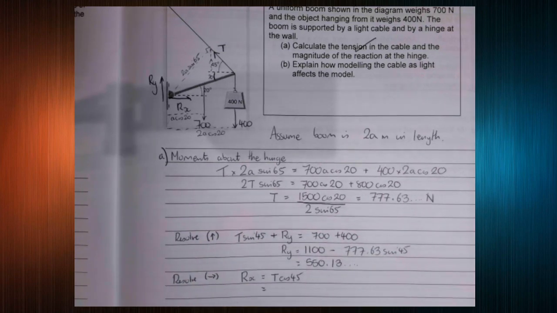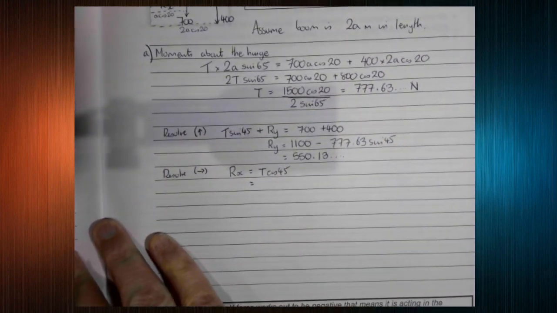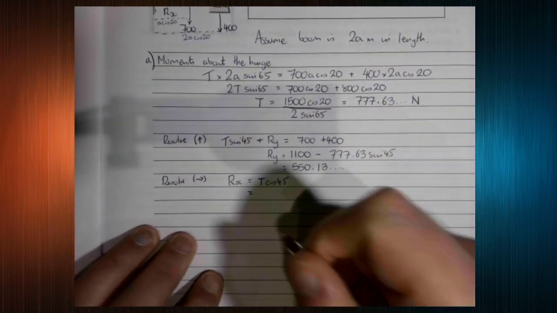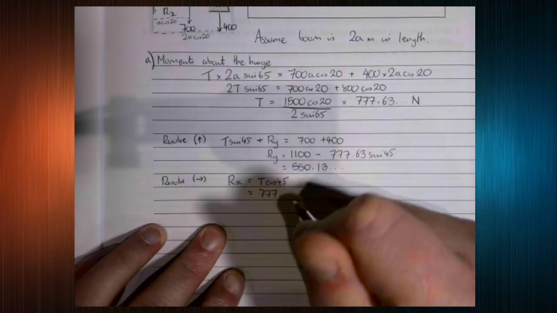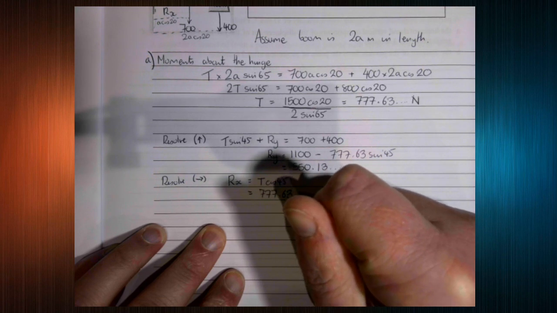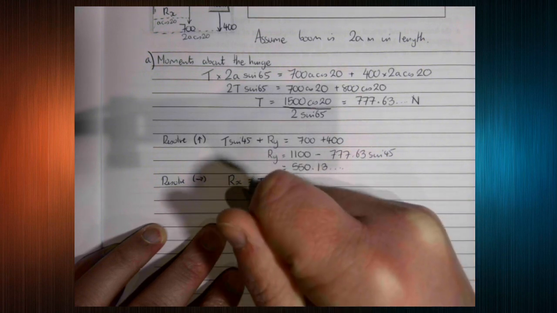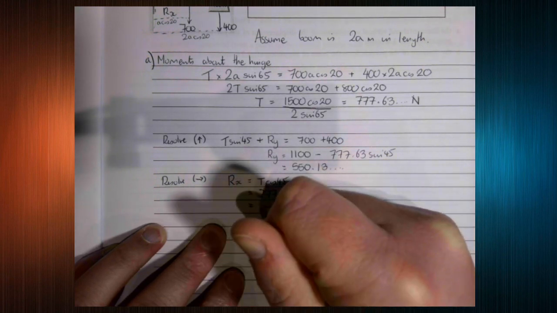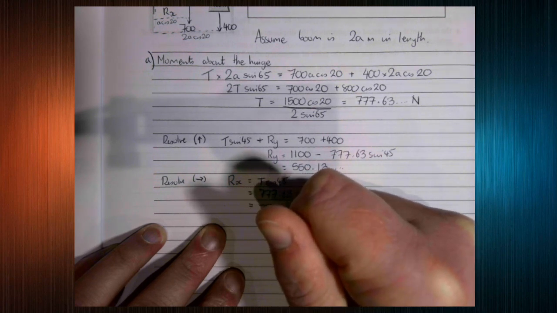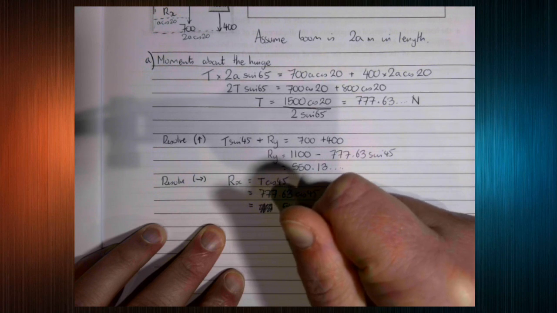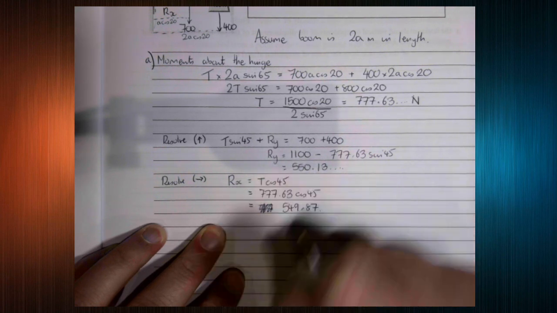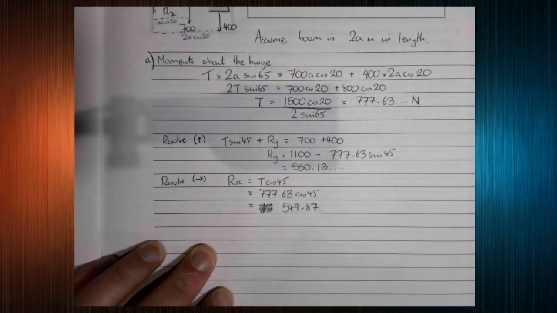So Rx is going to be 777.63 cos 45, which comes out nicely as, oops, sorry, darn it, 549.87 newtons.